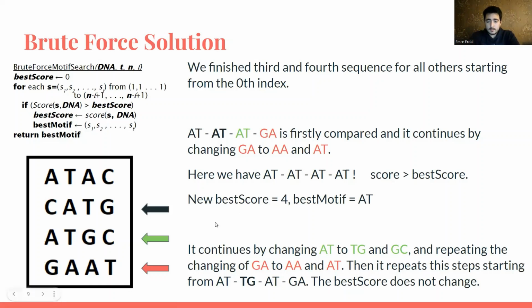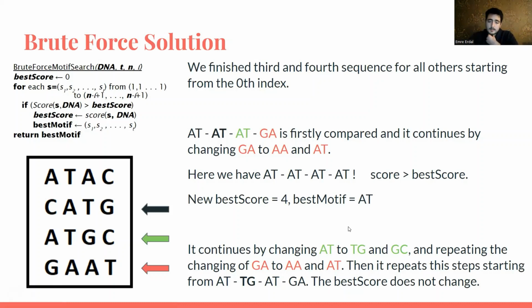I mean the second index. So when we find AT, AT, AT, AT, the score is higher than the best score. The best score was 3, and now the score is 4. So the new best score is 4, and the best motif is AT by this formula.